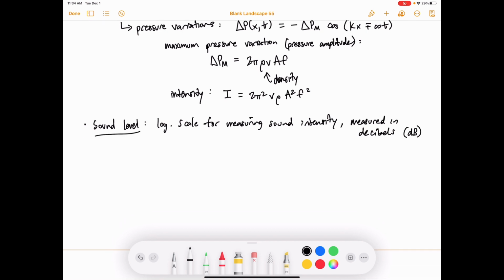So the sound level is given by beta. This is 10 times log base 10 of I, that's the sound intensity, divided by I naught, where I naught is a reference intensity, 10 to the minus 12 watts per square meter. So basically, if you plug in the sound intensity I, along with this reference intensity I naught, you get the sound level beta measured in decibels.